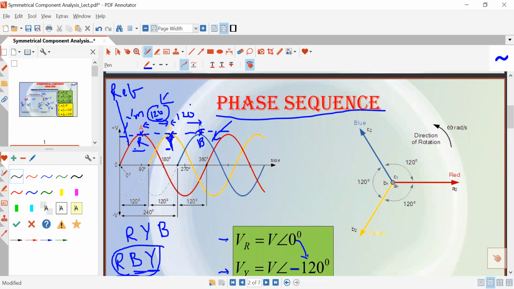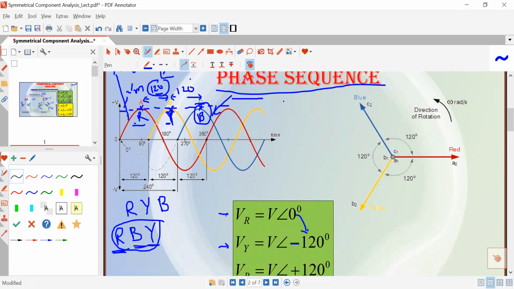So the equation of this phase voltage B will be V, because the magnitude will be the same as the magnitude of R, since this is a balanced system. But since it is attaining its maximum after 240 degrees from the reference phase, this angle will be 240 degrees, and this minus sign will represent lagging.